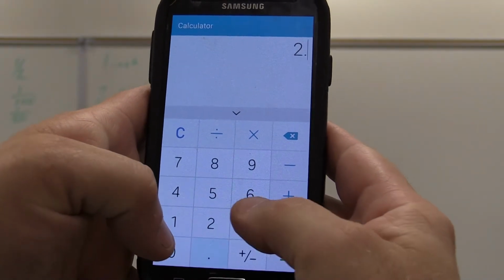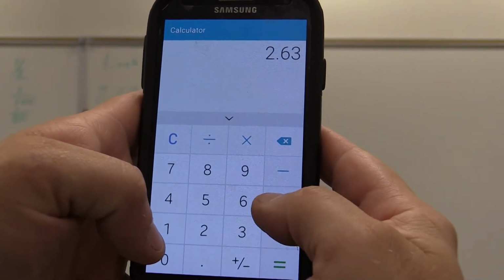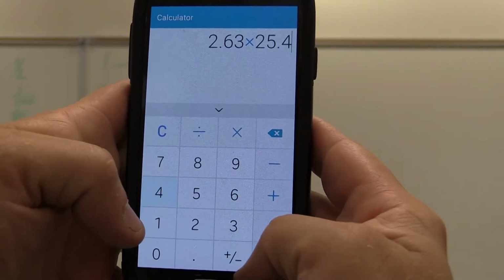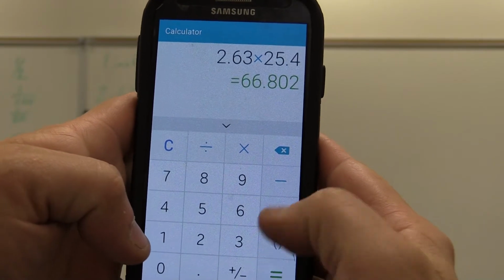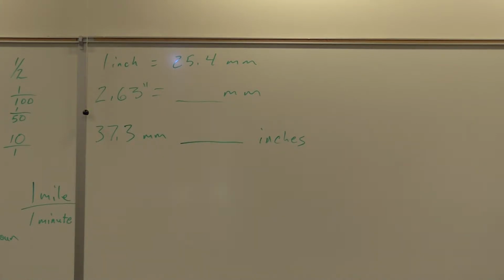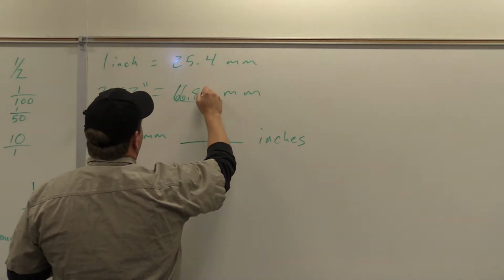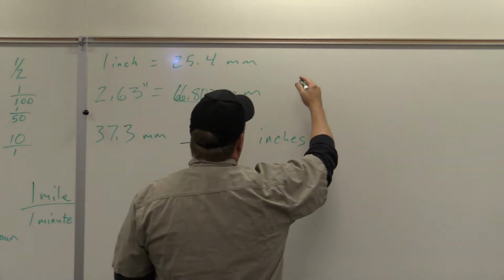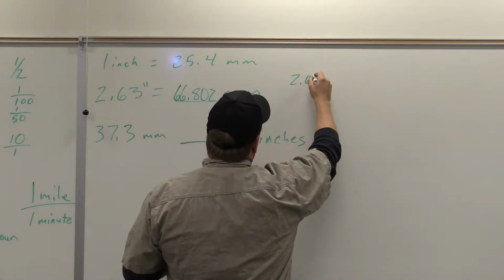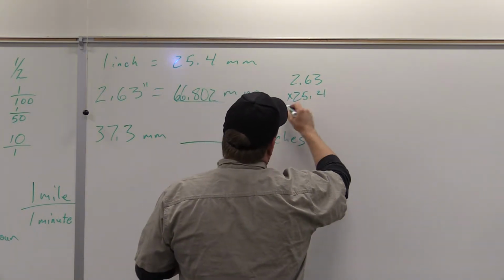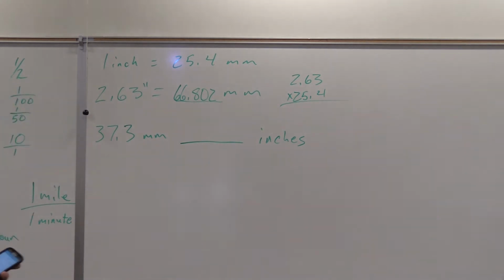So 2.63 times 25.4, 66.802. We did it on a calculator. You can always do it on a long conversion. 2.63 times 25.4. Okay.